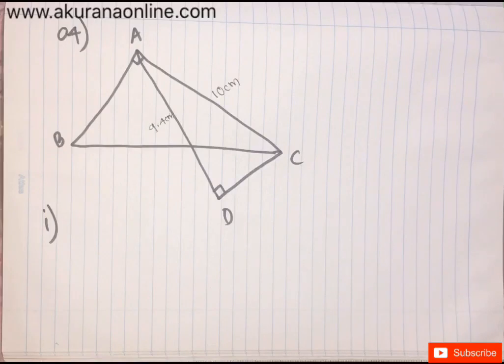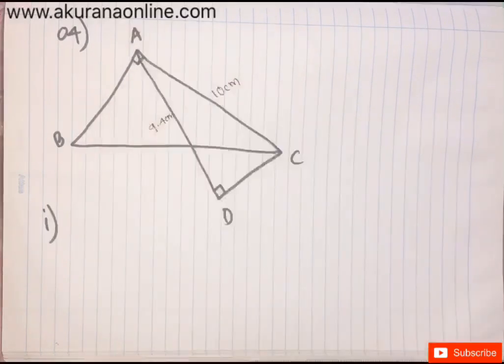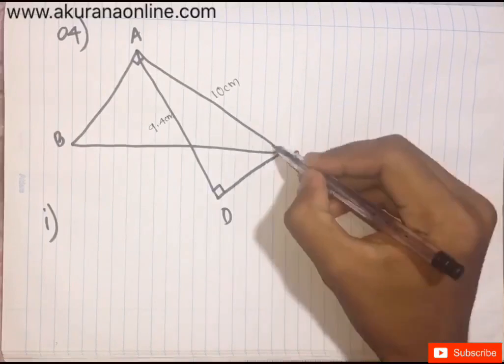Then find the magnitude of ACD and show that it is 70 degrees to the nearest degree. How do you find this? Since we have to use trigonometry, we will consider right angle triangles. Considering this triangle ACD, you have to find the angle ACD, that is this part.